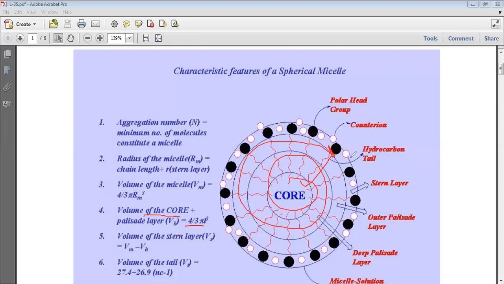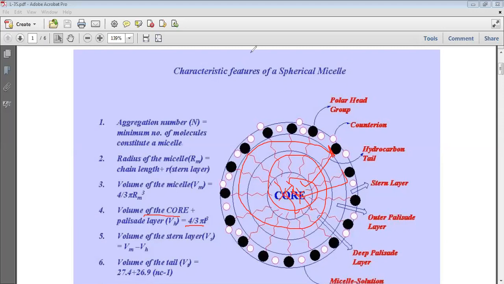Because r_m would have been the total radius, the chain length plus Stern layer, but this is simply the length of this hydrocarbon part. So this will be the volume of the core plus palisade layer, because the core is not empty, it actually contains these tails in a convoluted fashion.